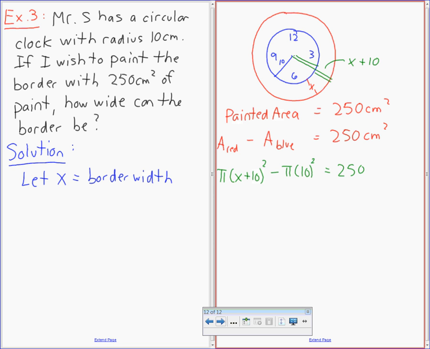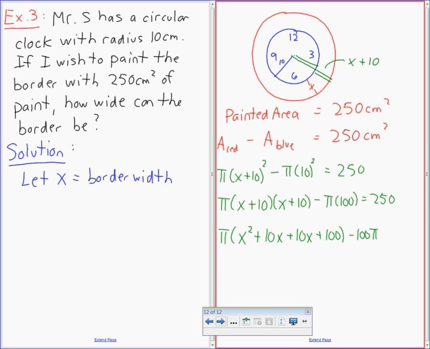Okay, here we go. So let's keep FOILing out here. I'm going to do this as pi times (x plus 10) times (x plus 10) minus pi times 100 equals 250. Expand it out, and I'll leave that pi on the outside if I can. So pi times (x squared plus 10x plus 10x plus 100) minus 100 pi equals 250.